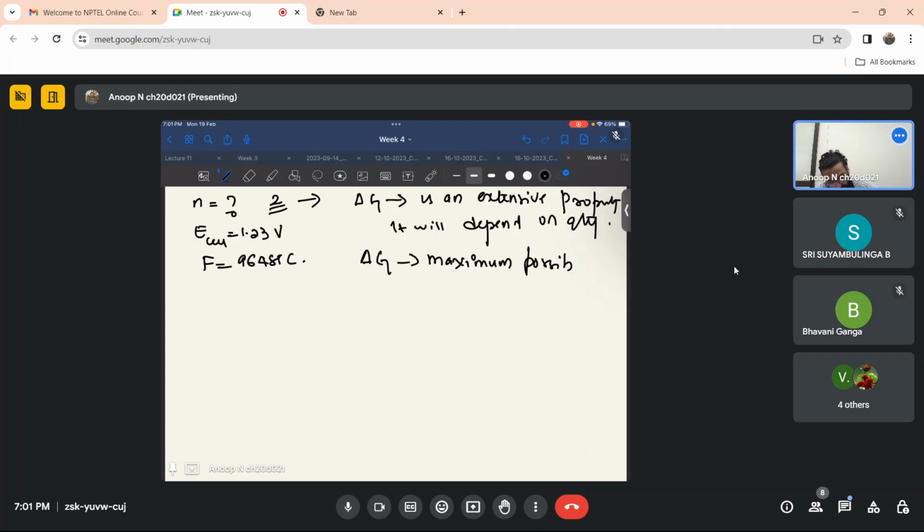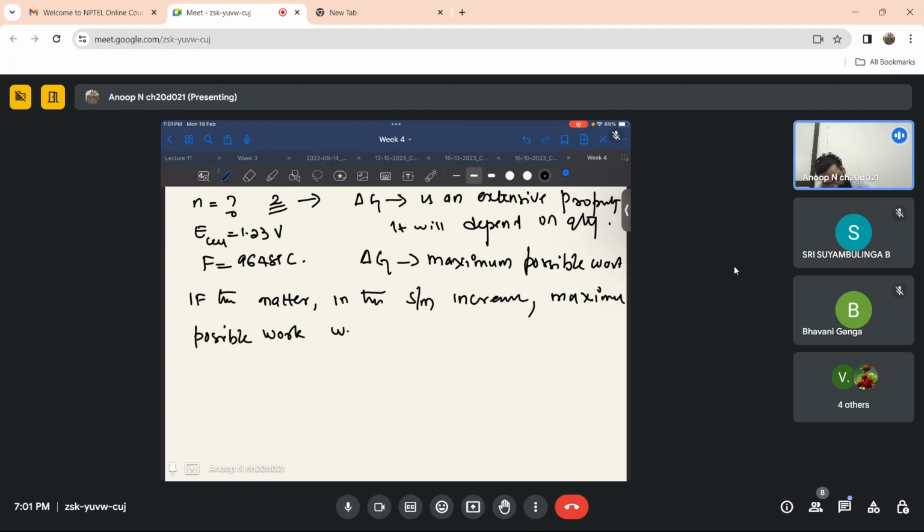So if the matter, the quantity of matter in the system increases, the maximum possible work will also increase.